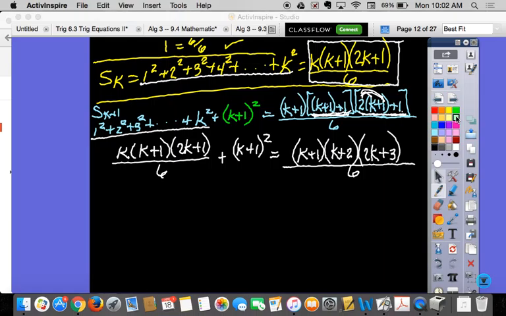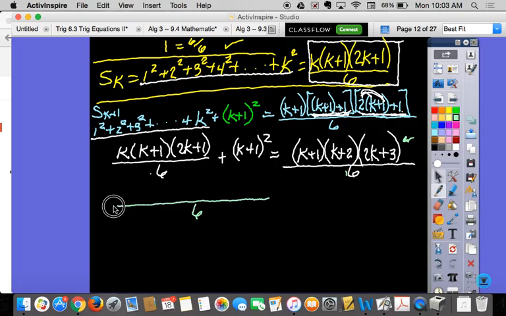Looks like this is nice and worked out and in factored form. The denominators are great. I've got a 6 and I got a 6. But this is one nice fraction. Over here on the left, no, I have 2 separate terms. So I need to get a common denominator. This one, I don't have to do anything to him.